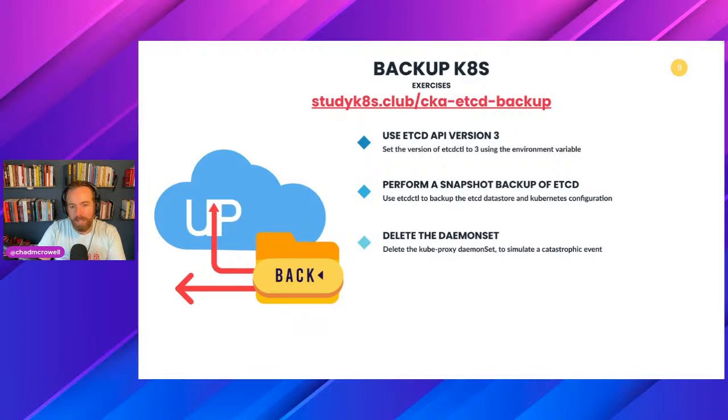So we'll delete the daemon set to simulate a catastrophic event, because obviously we need kubeproxy. It provides us with the essential communication mechanisms for our cluster. So deleting the kubeproxy daemon set is obviously very bad.